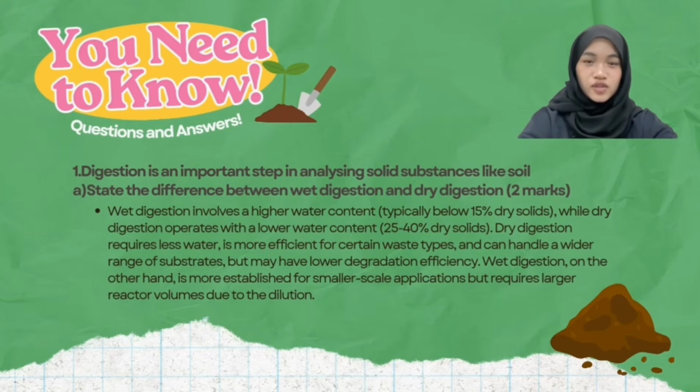Dry digestion requires less water and is more efficient for certain waste types. It can also handle a wider range of substrates, but it may have lower degradation efficiency. Wet digestion, on the other hand, is more established for smaller scale application but requires larger reactor volume due to the dilution.